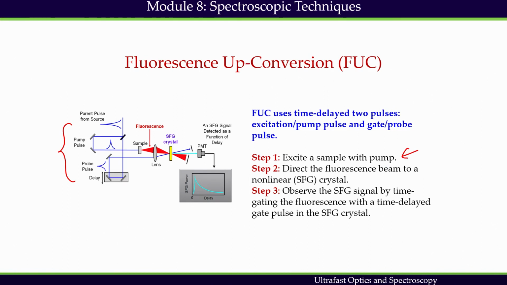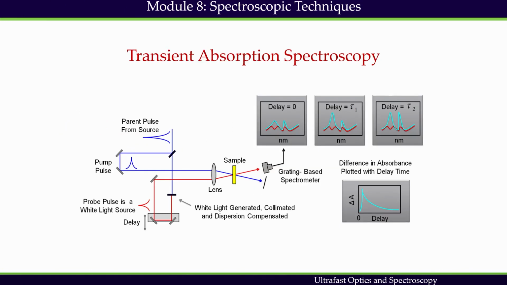Fluorescence emission is incoherent emission, it is not like stimulated emission. Then direct the fluorescence beam to a nonlinear SFG crystal, and observe the SFG signal by gating the fluorescence with a time delayed gate pulse or probe pulse. So, these are the three steps which need to be followed in the fluorescence up conversion technique.